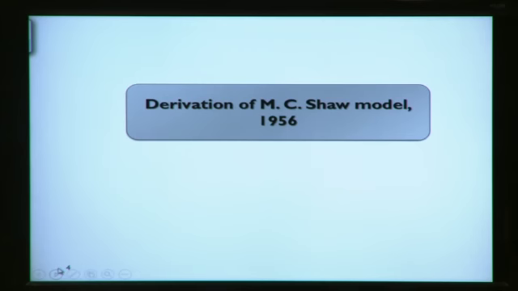There are several other models also available. Among these, we shall discuss M.C. Shaw's model, proposed in 1956, and the derivation of his model for the metal removal mechanism by the ultrasonic machining process.